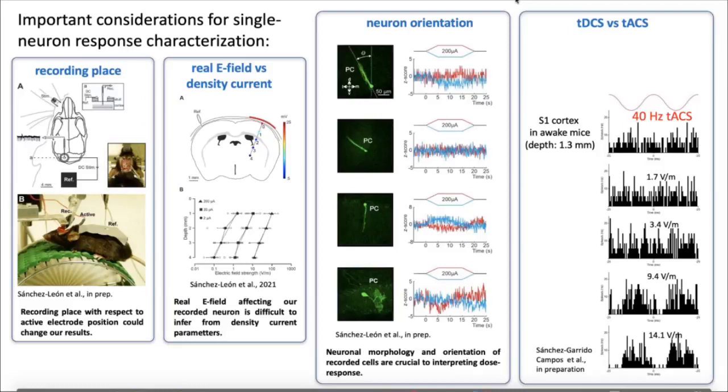So I would like to mention that for tDCS, we probably need longer experiments, more similar to human, that imply, for example, 10 or 20 minutes of neuronal recording. I know this is really difficult to do in animals, but it is something we need to do as soon as possible in order to improve the interpretation of tDCS as well as tACS. Of course, tACS is also very interesting. So that's all from my side.